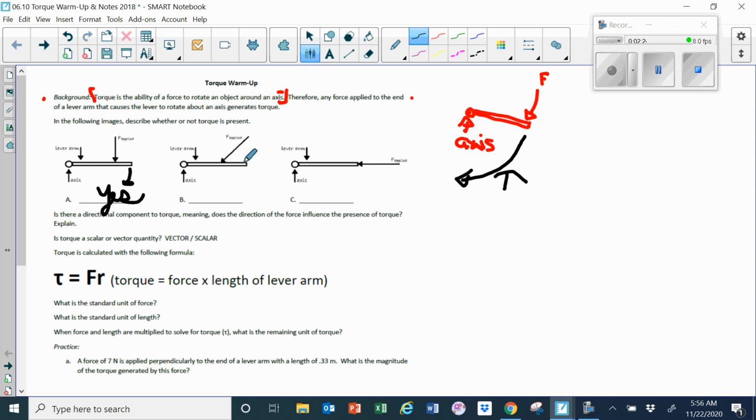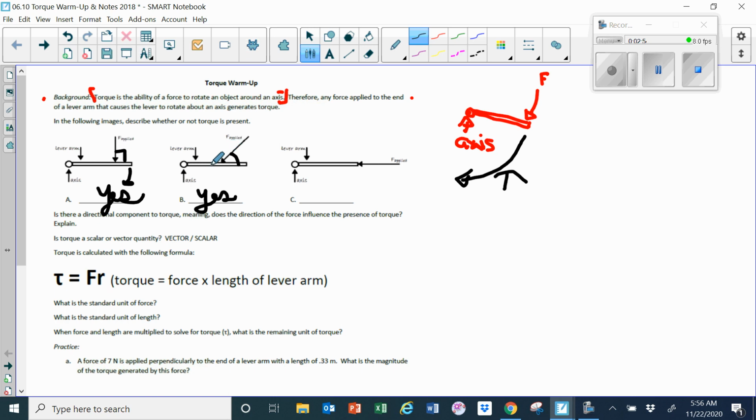In this case here, there would also be a torque. There is a difference though, and the difference is how the force is applied. Here the force is applied at 90-degree angles. Here the force is applied at less than 90-degree angles. So if these two forces were the same, the actual torque would be less, because the force is not applied in the most efficient way, since it's applied at an angle.